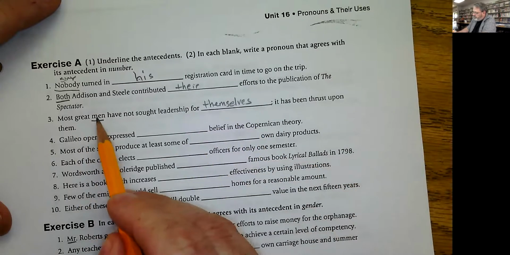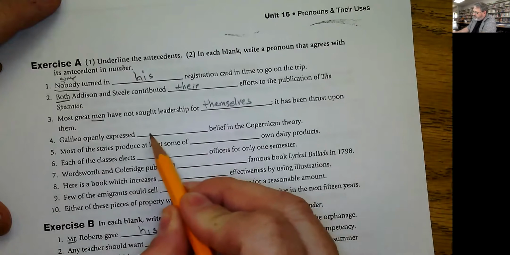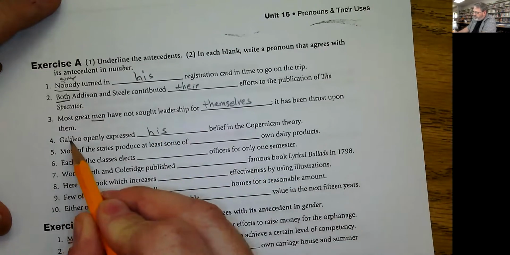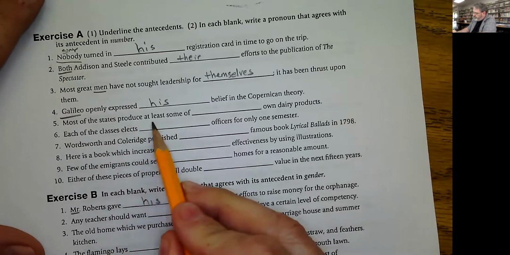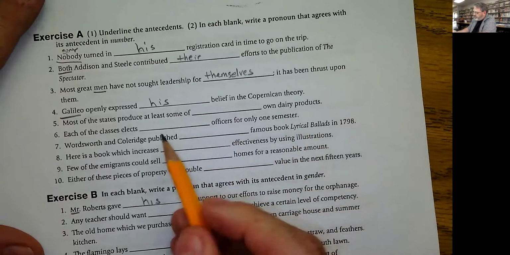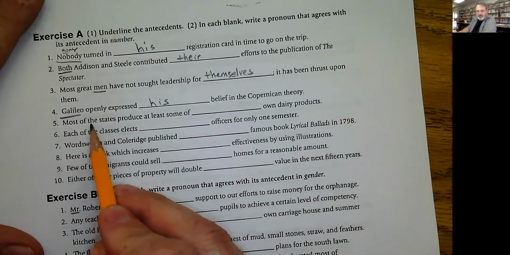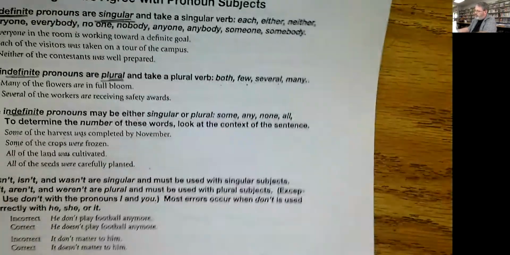Themselves is plural, men is plural. Galileo openly expressed his because he's one person, that's singular. Most of the states produce at least some of their own dairy products. Is that right? Most, some, any, none, all, and most.